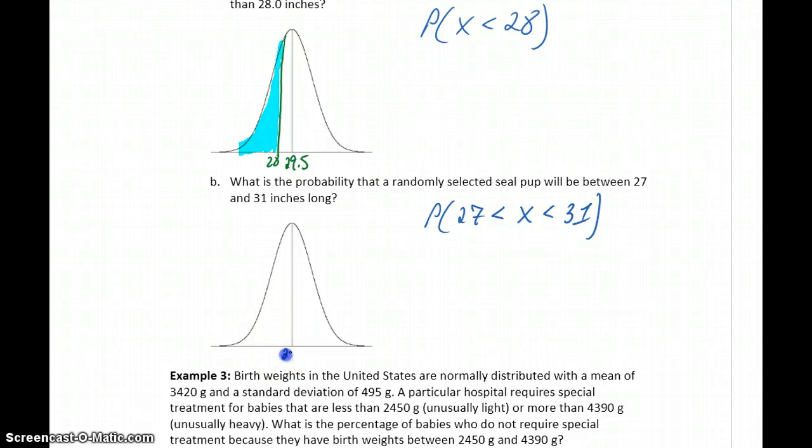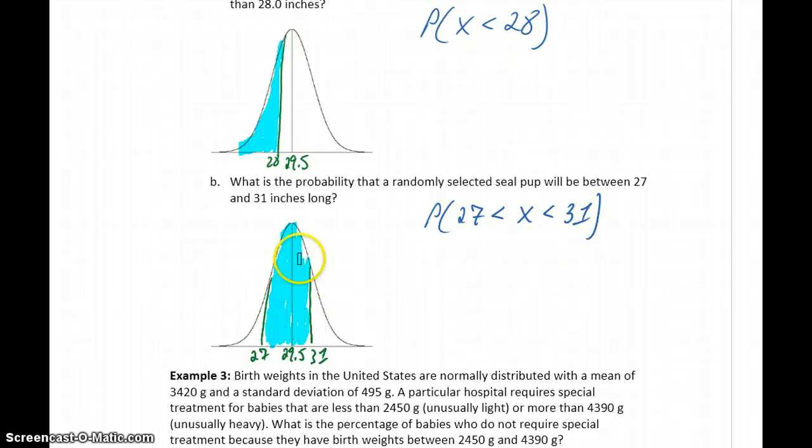So again, our mean is 29.5. So a measurement of 27 is going to be a little bit less than that. Our measurement of 31 is going to be a little bit more. So we'll want to find the area of this shaded region under the curve between 27 and 31.